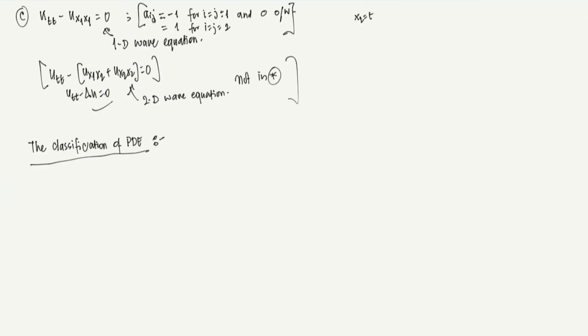First of all, the general form star can be written, let me write it in a much simpler form, which is much easier to comprehend, as a u_xx plus b u_xy plus c u_yy plus d u_x plus e u_y plus f equals 0.